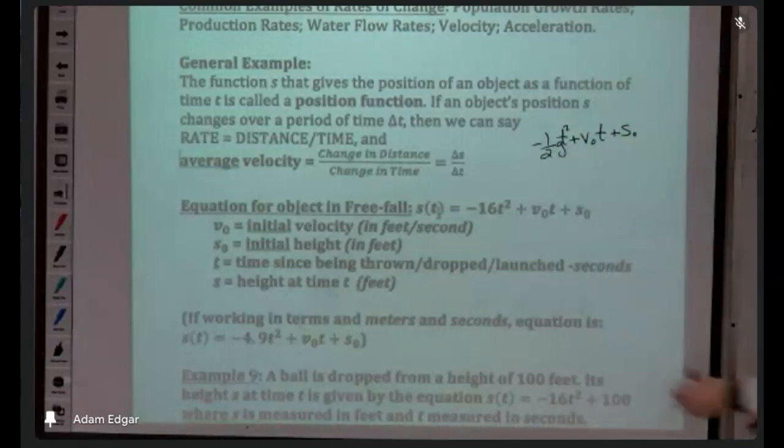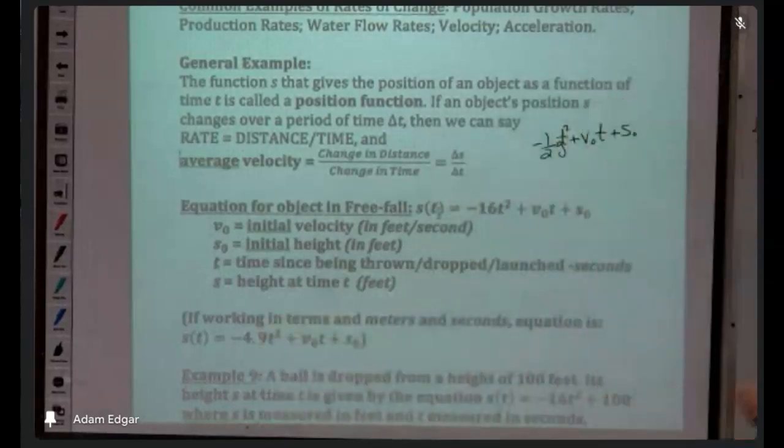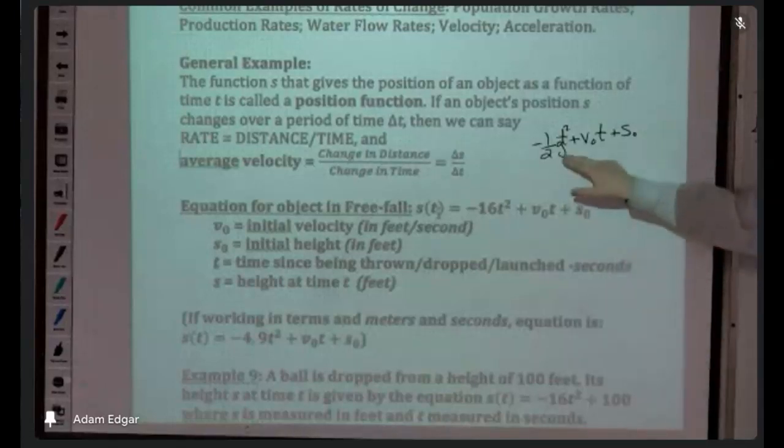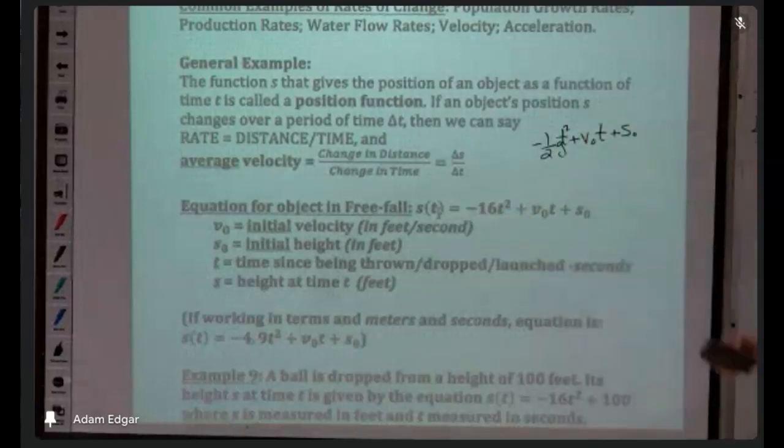Half of that is 16. Or in meters, it's 9.8 meters per second squared. Half of that is 4.9. And it's negative because gravity pulls you down. And down is the negative direction and up is positive. So the 16 is just coming from gravity on Earth. On the moon or some other planetary body with a different mass and therefore a different gravity, you're going to have a different number out front of the squared term.